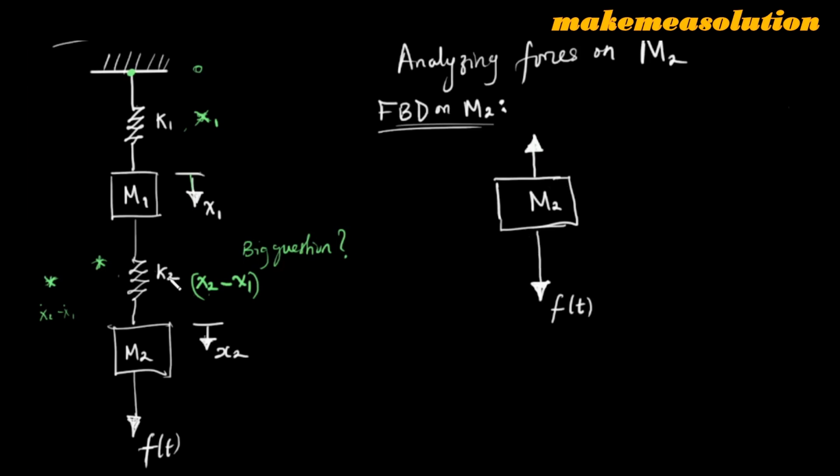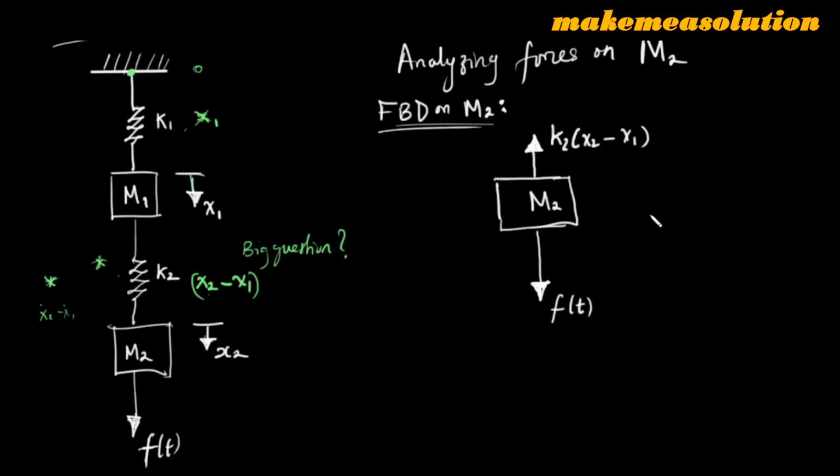So remember the restoring force, when this force is pulling m2 down, the spring will try to what? Take m2 back, and that force is proportional to what? The extension, which is what? x2 minus x1, and the constant of proportionality will be the spring constant in this case. So this is the force that tends to restore this mass back.